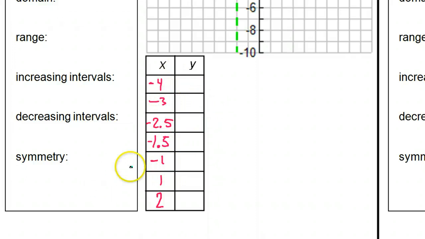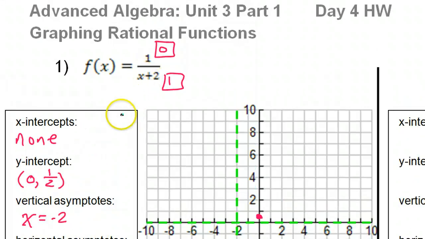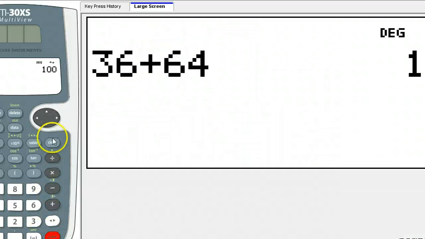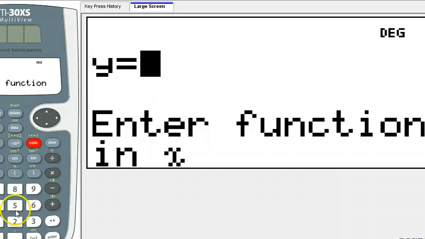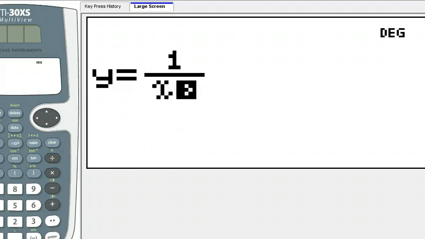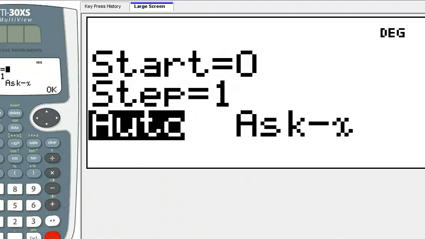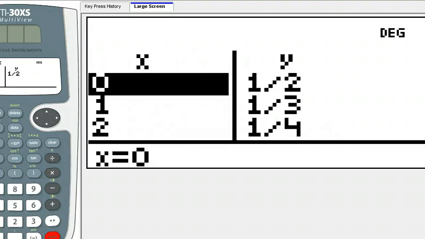So I'm just going to put the function into my TI-30XS MultiView. 1 over x plus 2. Okay, and I can scroll around and get most of these values like this.